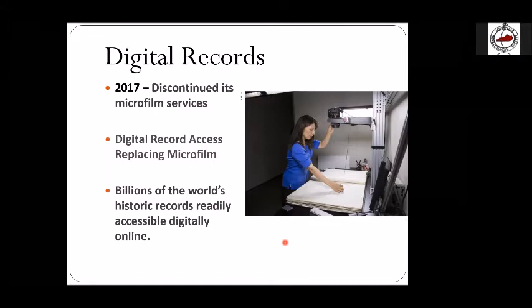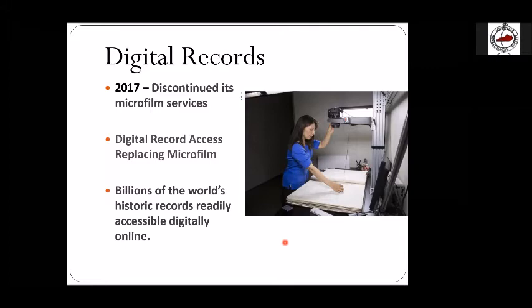For years, that's what most of us did with the church and the site here. But in 2017, as many of you know, they discontinued all their microfilm service. The reason for this is they proceeded to digitize, it is a work in progress, the microfilm, the microfiche, and many of their books.